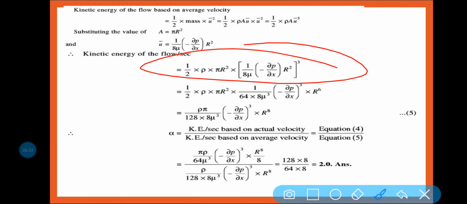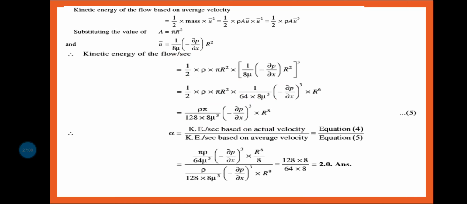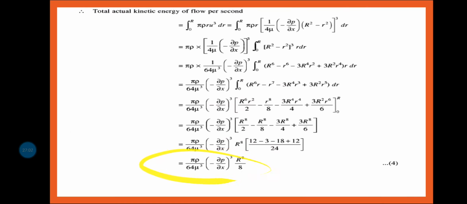Now ultimately after simplifying this, you will be getting this one, rho pi by 128 into 8 mu cube into minus del p by del x whole cube into r to the power 8. So what I have seen, kinetic energy based on average velocity here, and initially I have got kinetic energy based on the actual velocity.